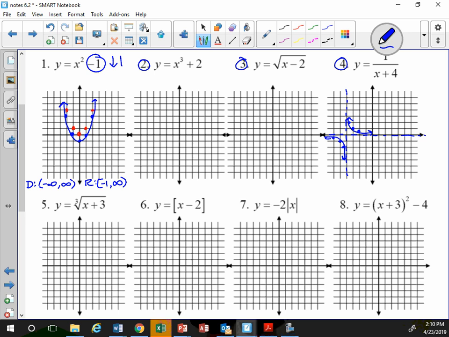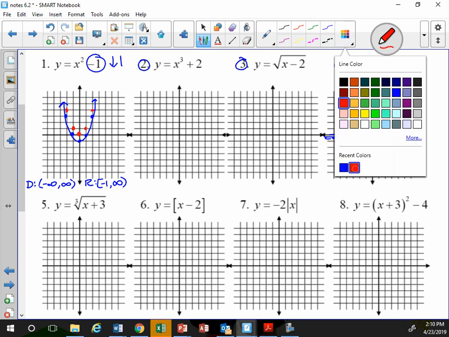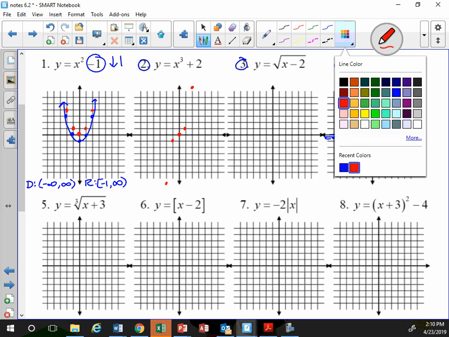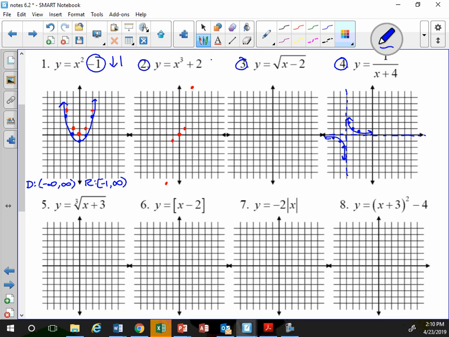All right, guys, so number 2, if I'm thinking about the cubed graph, something like this, right? If I go up 2 with everything, you guys agree that that's where I'm going? So that guy's way off the graph. Here, here, here.